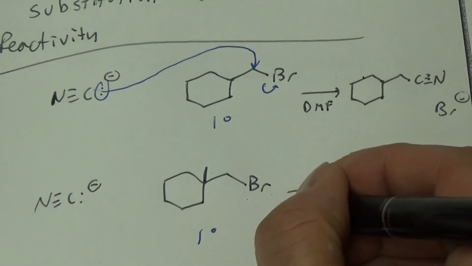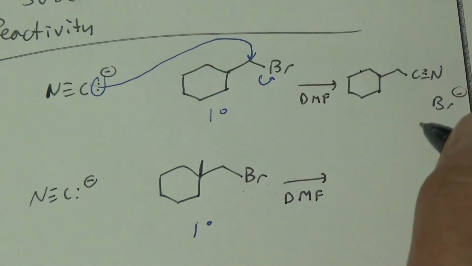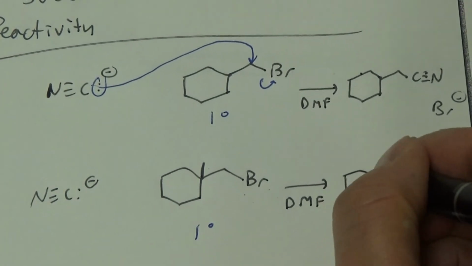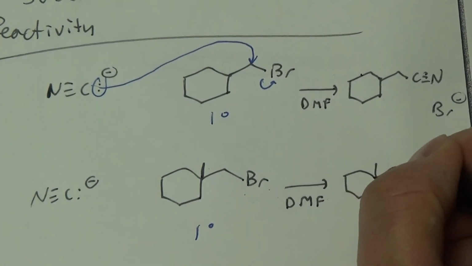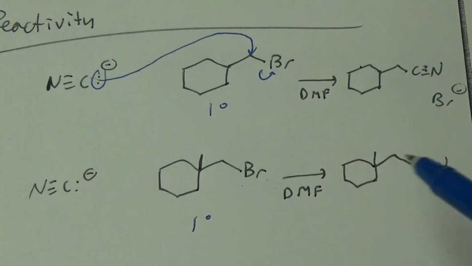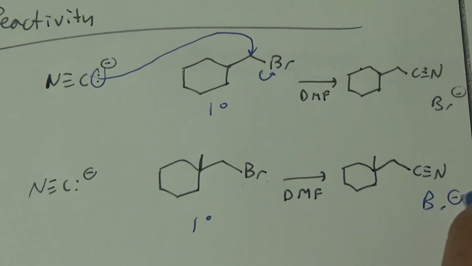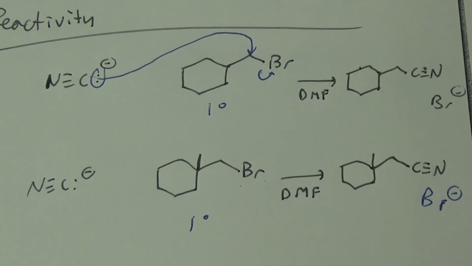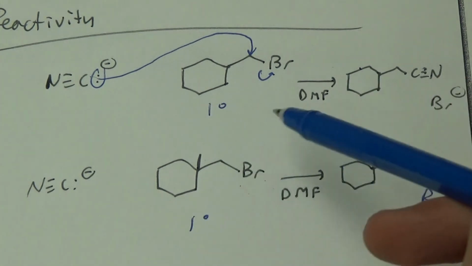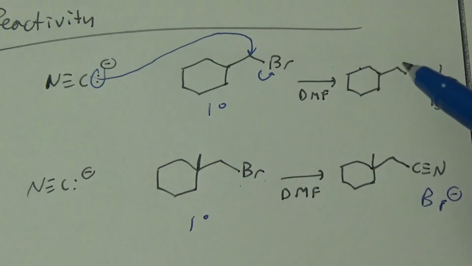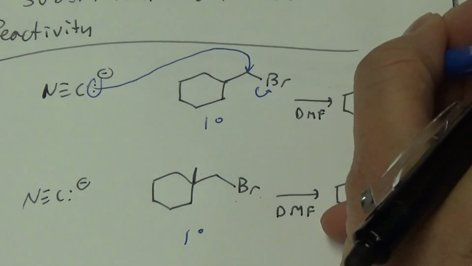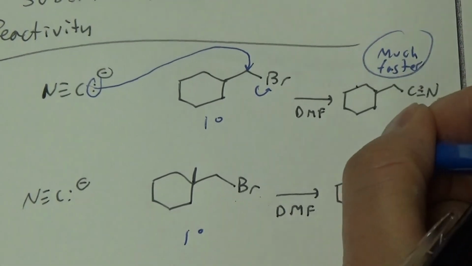To give yourself good luck in the SN2, we'll use a polar aprotic solvent, DMF. And that would be the product, and you get Br minus. And then the question is, is one of these faster or one of these slower, or is there no difference at all? Because they're both primary, you might think, oh, no difference, both primary, right? So this is much faster, much slower.